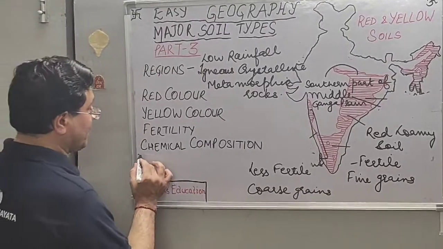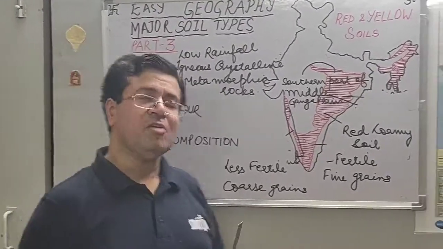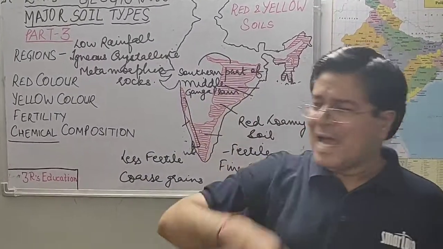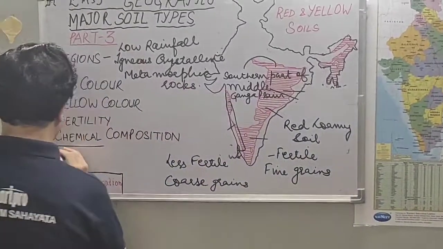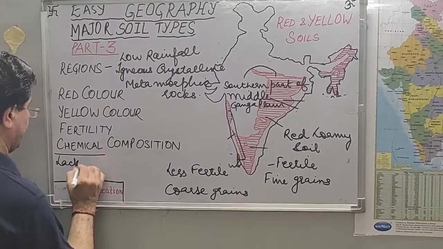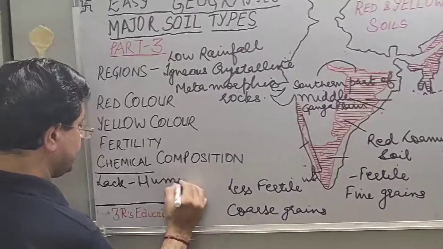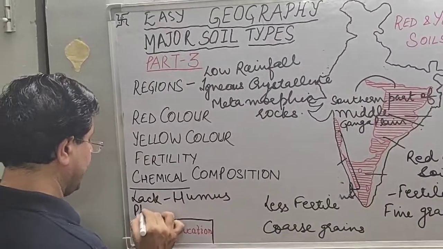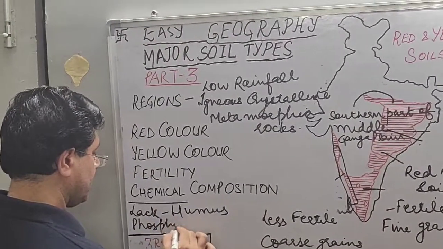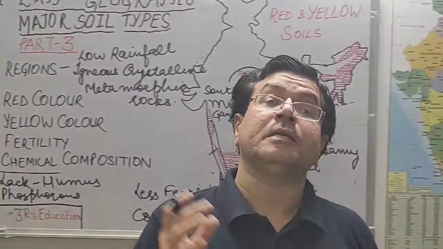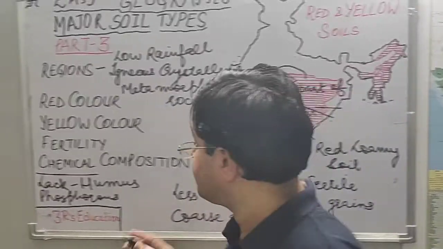Now we'll talk about chemical composition. Friends, these soils are very less fertile, we know. So they are very poor in humus content, phosphorus content, as well as nitrogen content.